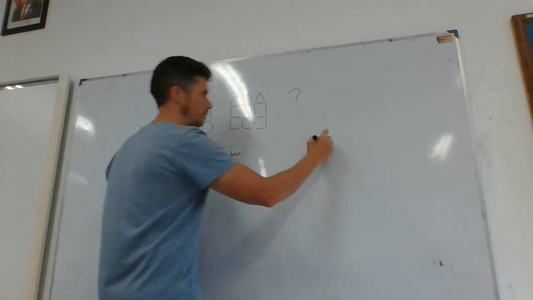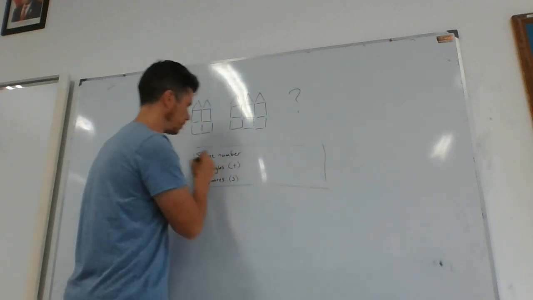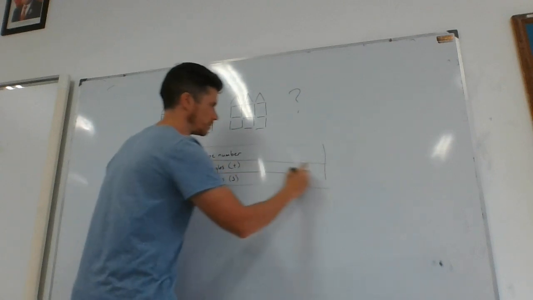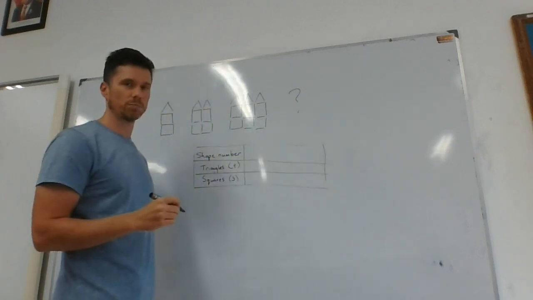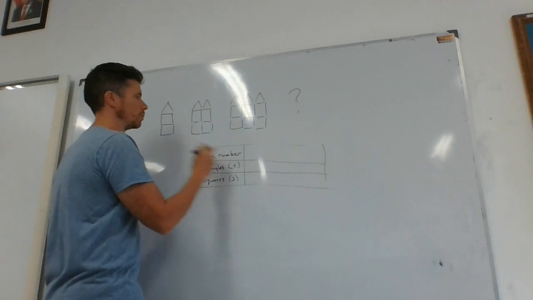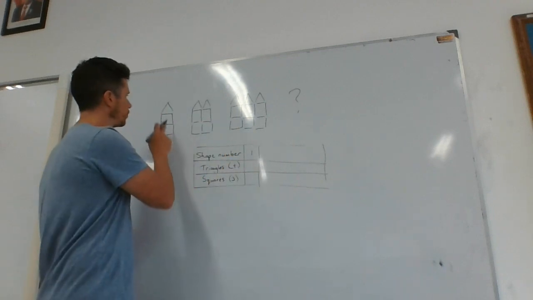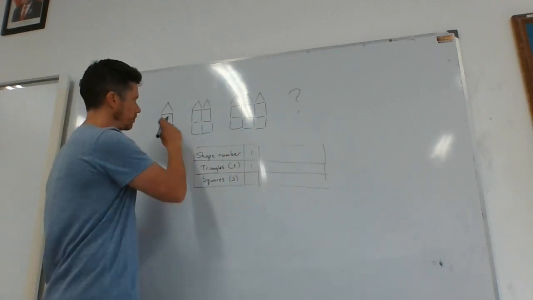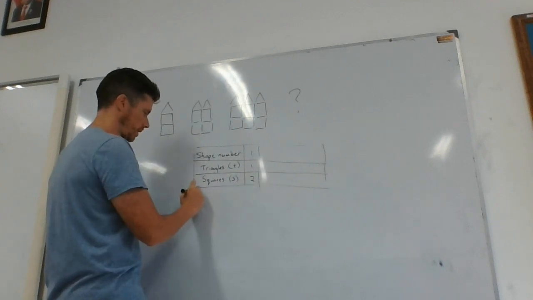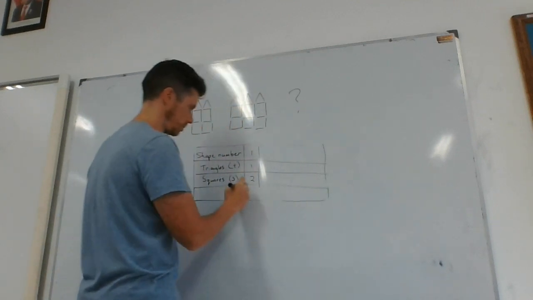We're going to form a simple table from that. Tables are always useful for recognizing patterns. So for shape number 1, we can put in how many triangles there are and how many squares there are. You could also add an extra line if you wished.